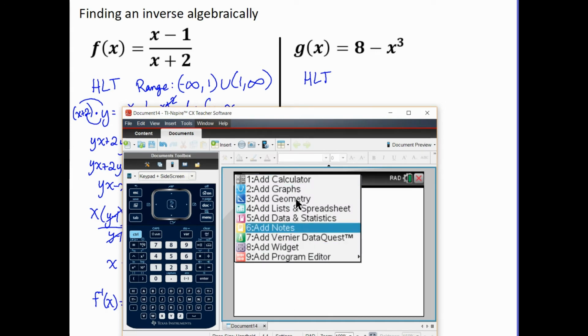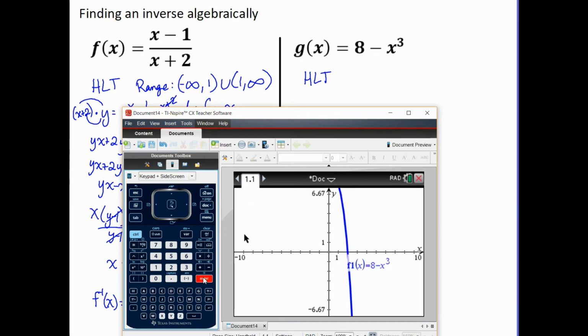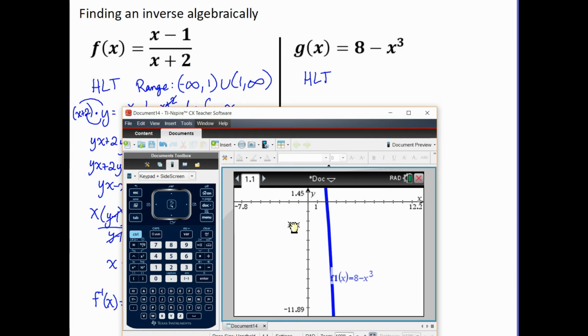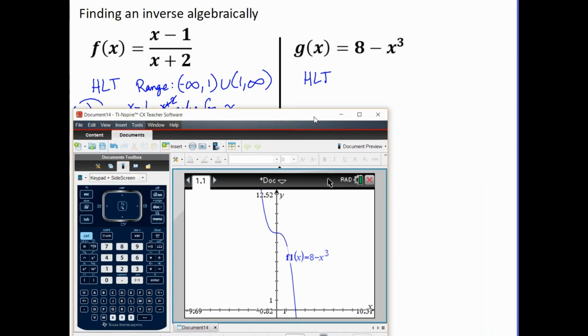You cannot skip your check. So 8 minus x cubed. There's some good stuff happening. All right, so we have a cubic function dropping down from left to right, and it does seem to pass the horizontal line test.